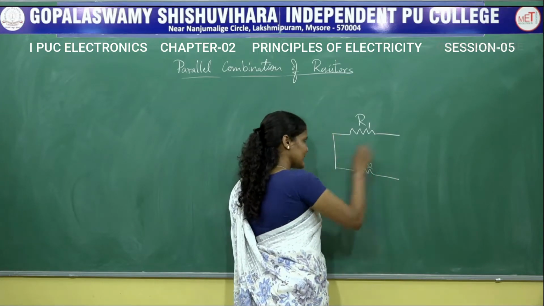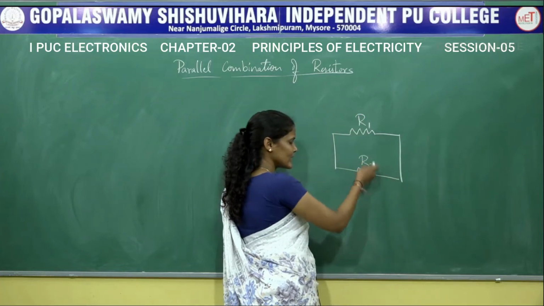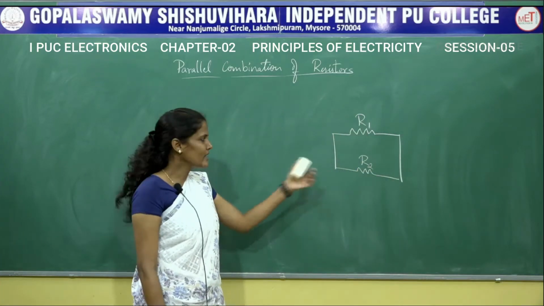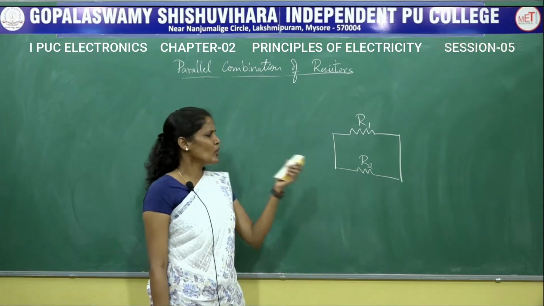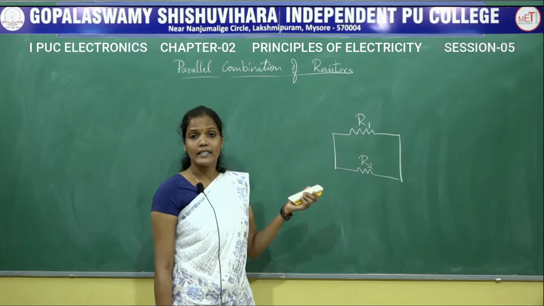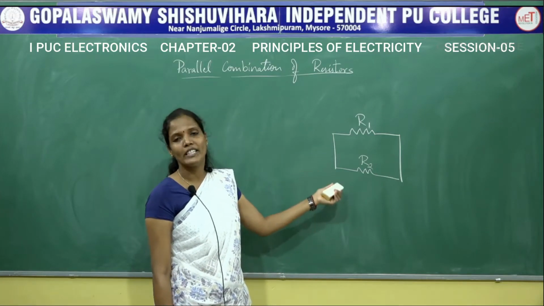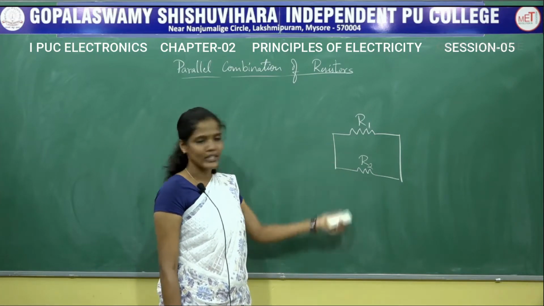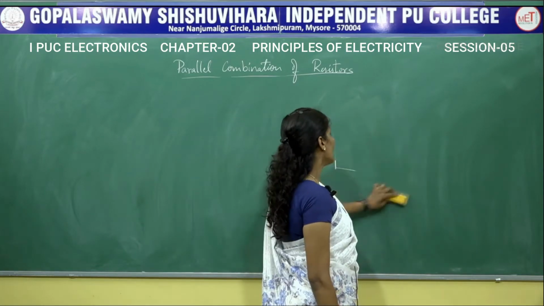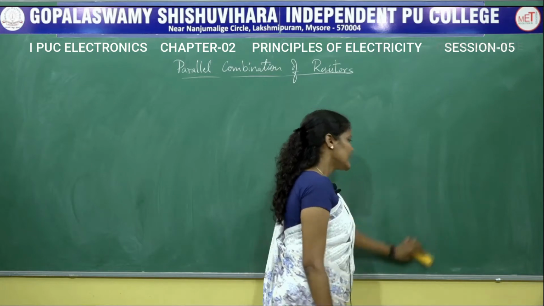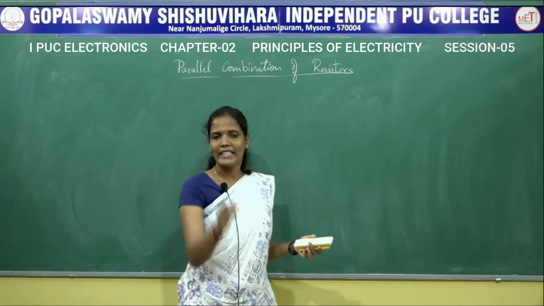If I connect the ends of one resistor to the ends of the other resistor, then we call this resistors connected in parallel. Now we have to find out the equivalent resistance of these two resistors which are connected in parallel.